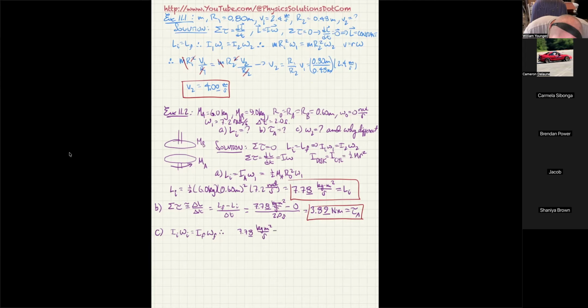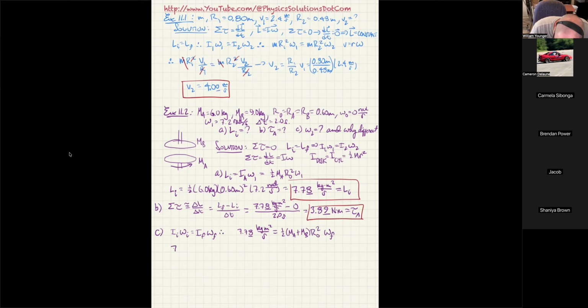And then the other side is going to be I times omega. Now I is the moment of inertia of m_A plus the moment of inertia of m_B, and both of those are 1/2 m r squared. So that's going to be a common 1/2, and then m_A plus m_B, and then a common r_0 squared because they have the same radius. And that's going to give us our final angular velocity, omega final, by setting all these equal.